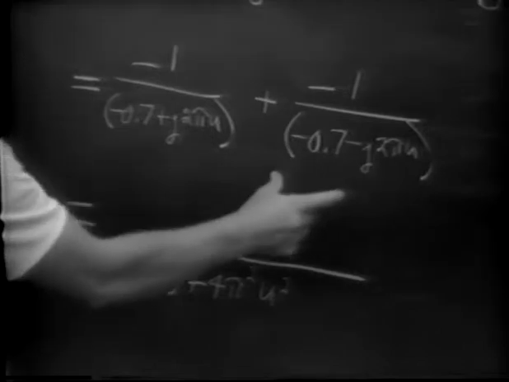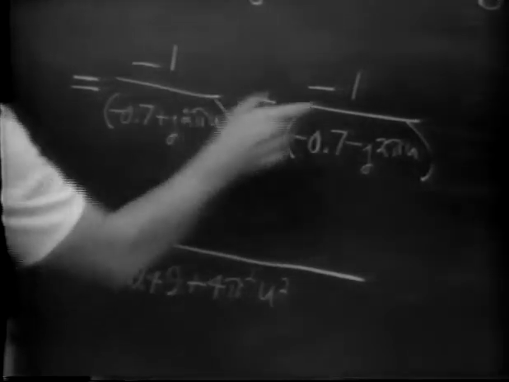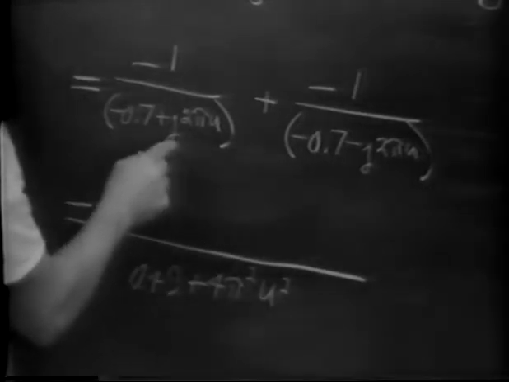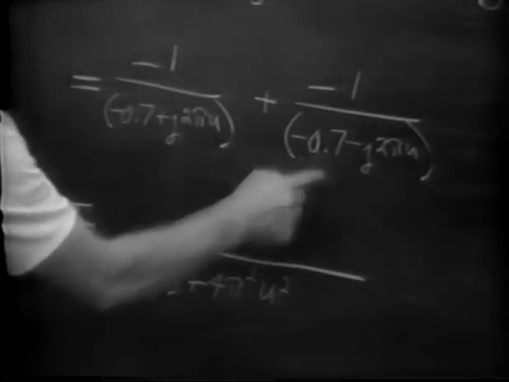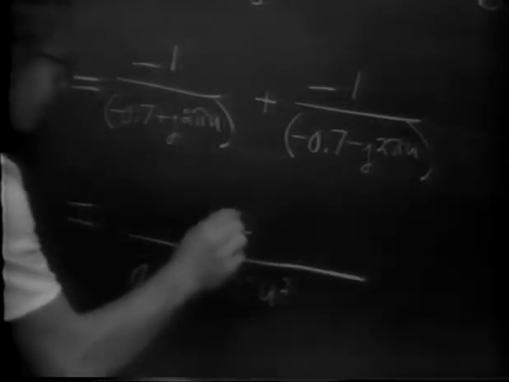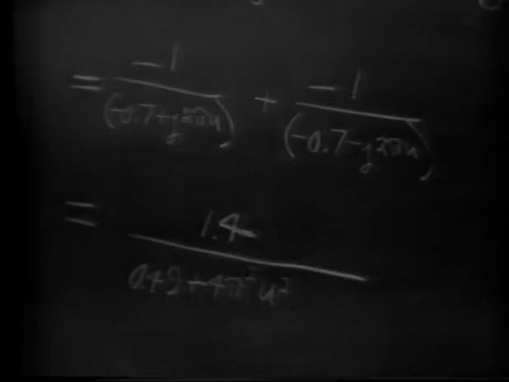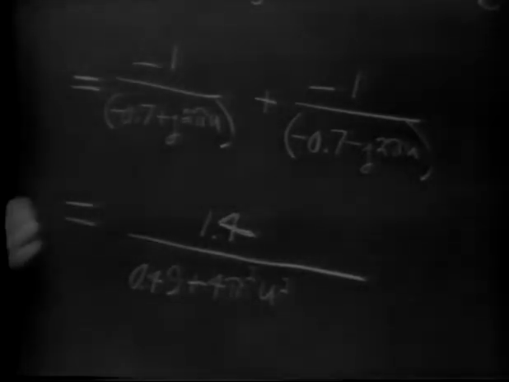And the numerator terms would be the negative of this one plus the negative of this one. So it would actually just turn out to be 2 times the 0.7 term, or 1.4. Okay, this is h of u and 0.